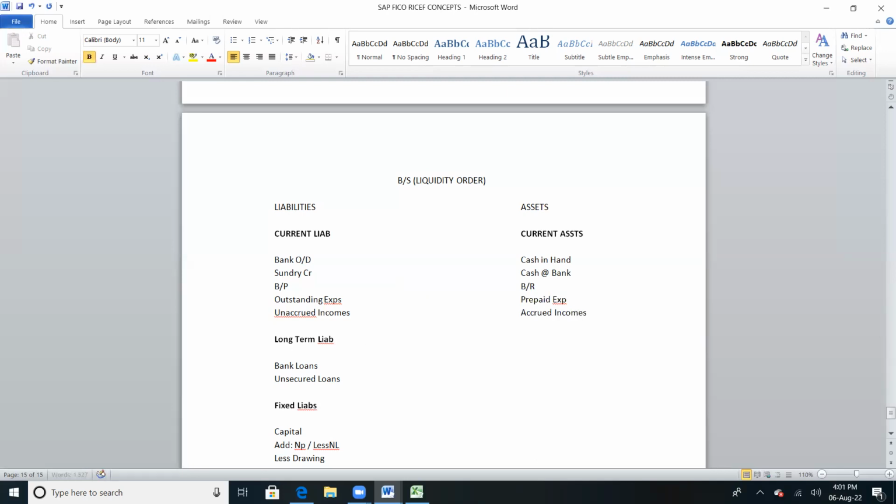Next one, investments. So under investments, invested in financial institutions for earning interest.